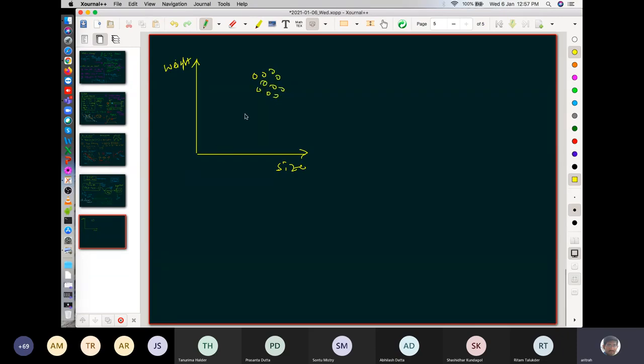Now for a 5 rupee coin, the size is less, the weight is a little bit more, so the 5 rupee coin may be positioned here. For a 1 rupee coin, maybe the size is the same as the 5 rupee coin, but the weight is very less, so maybe the 1 rupee coin will be positioned here. Now if I give you this data, supervised means I tell you that some of them are 10 rupees, some of them are 5 rupees, some of them are 1 rupee, and then you can easily categorize it in this way.